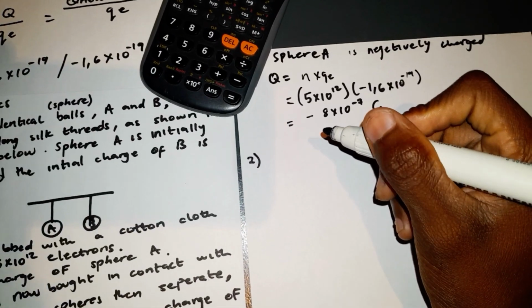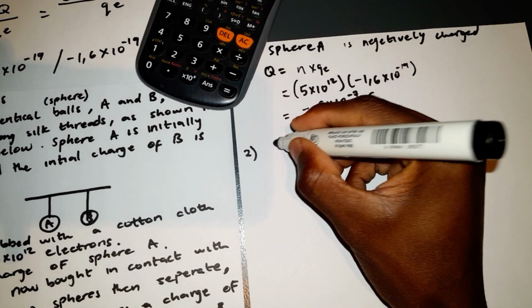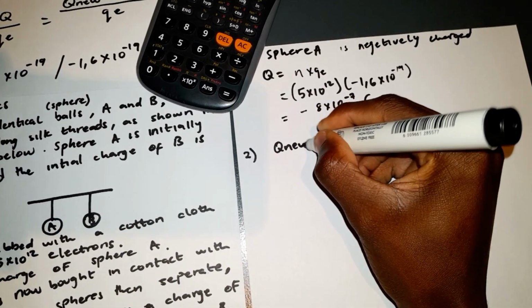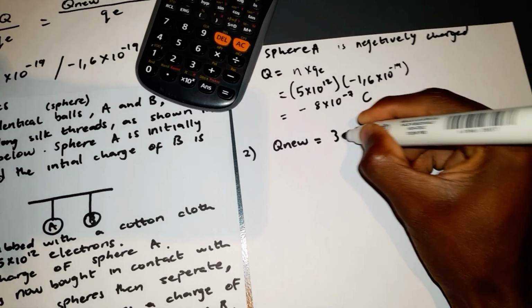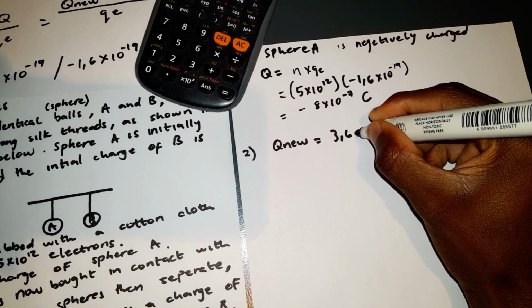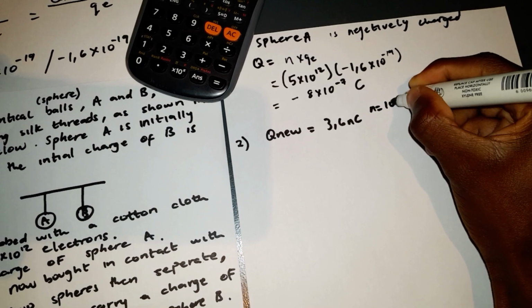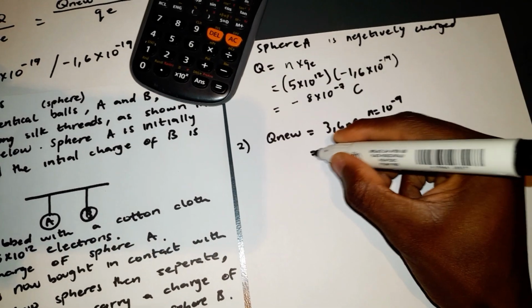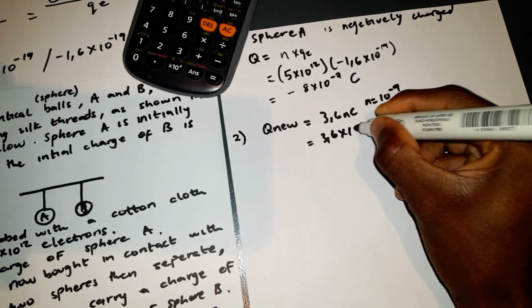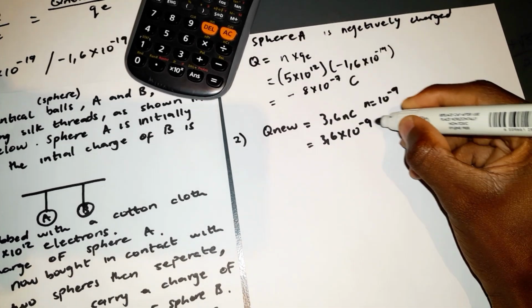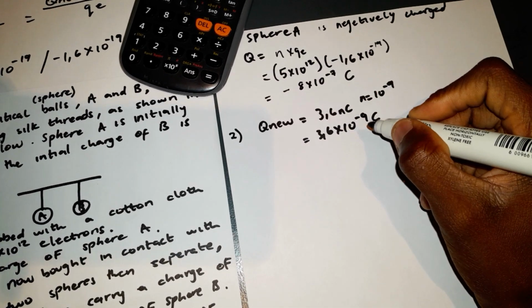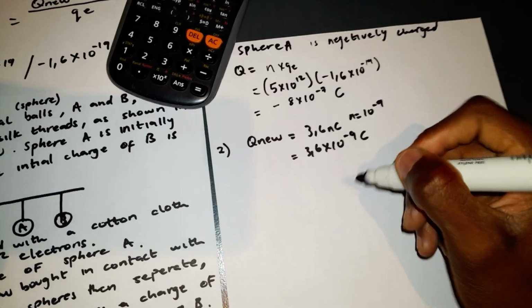So now we have the Q new, which is the new charge on both spheres. Nano is 10 to the negative 9. So we know it's 3.6 times 10 to the negative 9 coulombs, which is the new charge on each sphere.